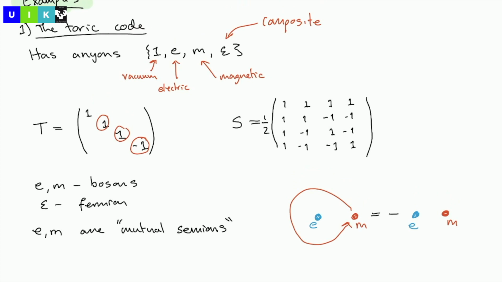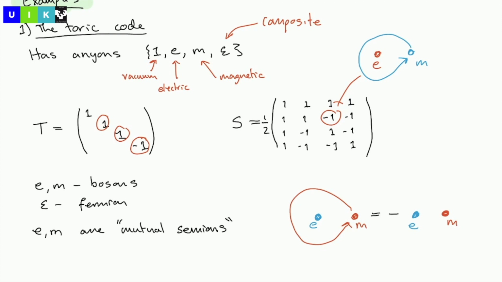So now we also have the S matrix. This is the mutual exchange of these anyons. So for example, this value here of -1 basically says if I take an E excitation and I take a magnetic excitation around it, then I'm going to pick up a factor of -1.